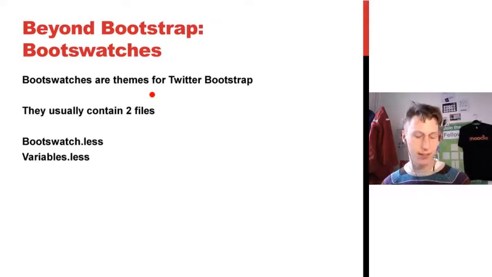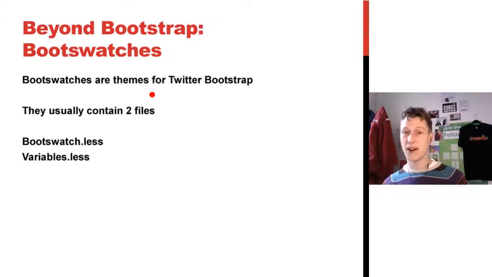If you want to have something like that, you'd add it into the bootswatch.less. And notice this is for advanced development. And then we have a variables.less, and that variables.less contains all the variables that Bootstrap uses, and you can override them using that variables.less file.